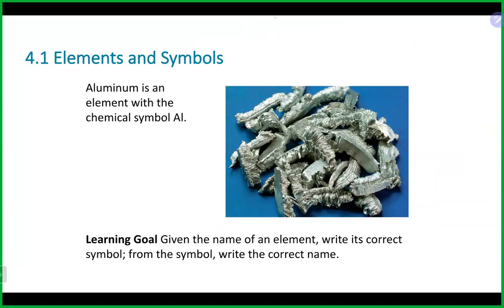So capital K is potassium. Capital C is carbon. If it is a 2-letter symbol, we always capitalize the first letter, but never the second. So Al, capital A, lowercase l, is aluminum.